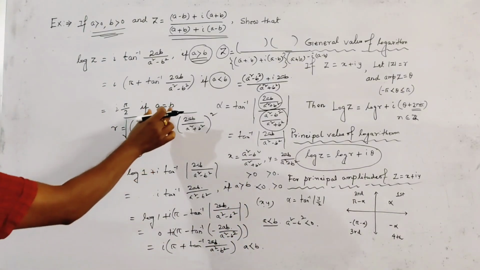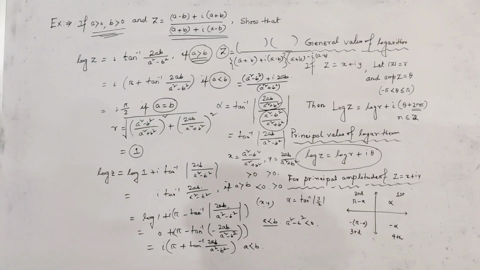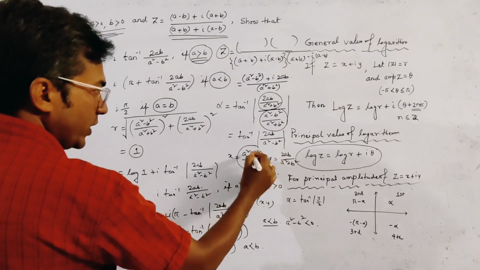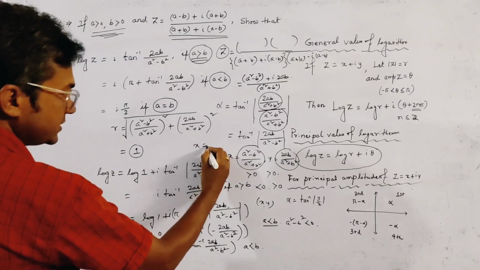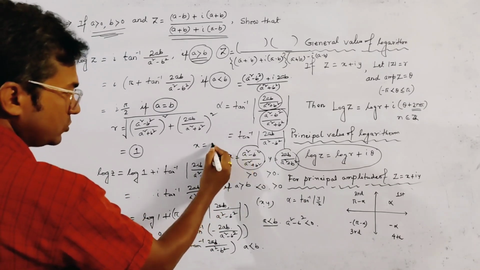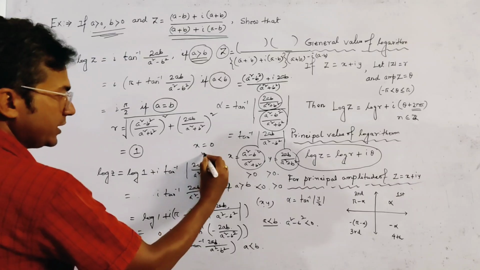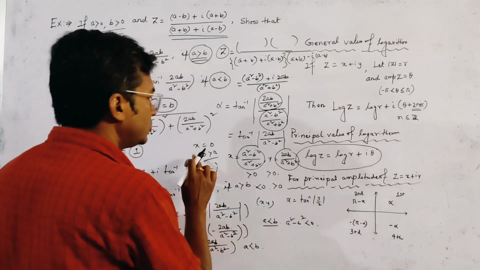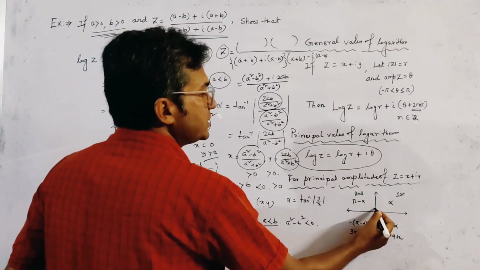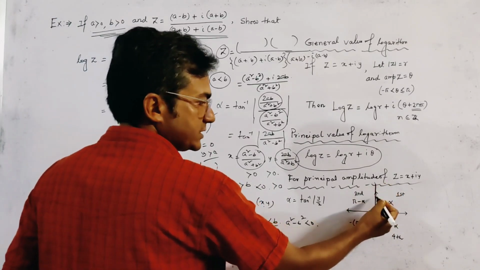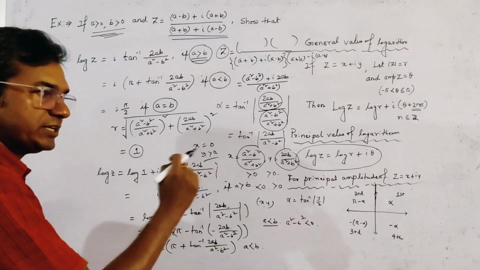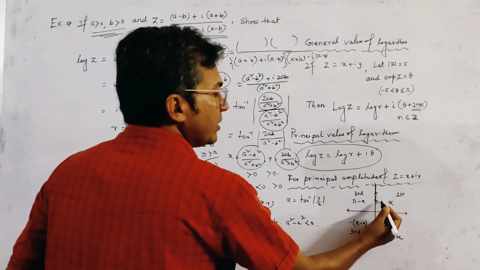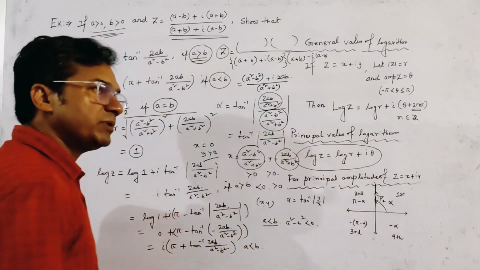Now in the third case, if a is equal to b, then it is clear that x is equal to 0 and y is positive. So x equals 0 and y is positive, which lies on the positive y axis, that is the positive imaginary axis, and for the positive imaginary axis the value of alpha is pi by 2, the principal amplitude.